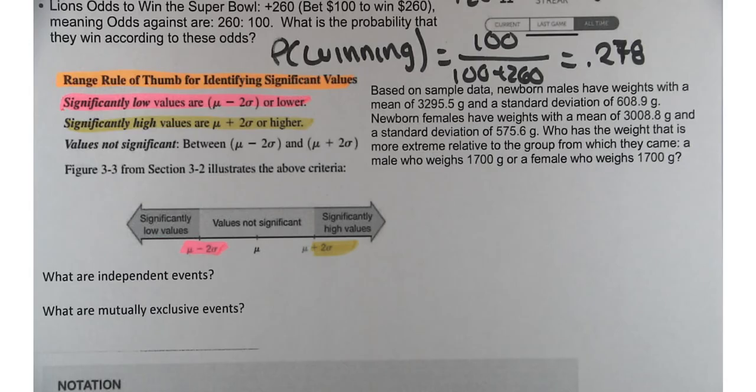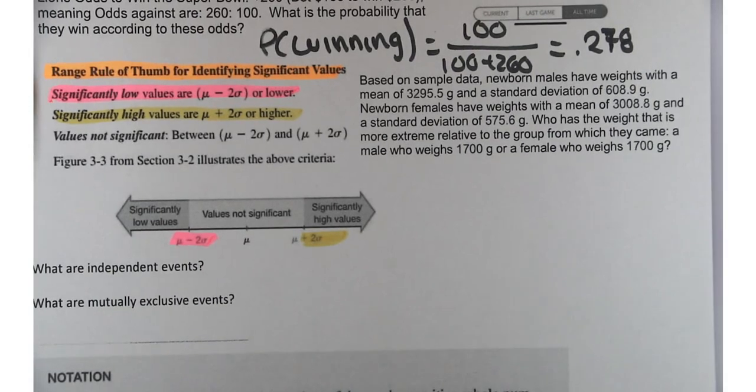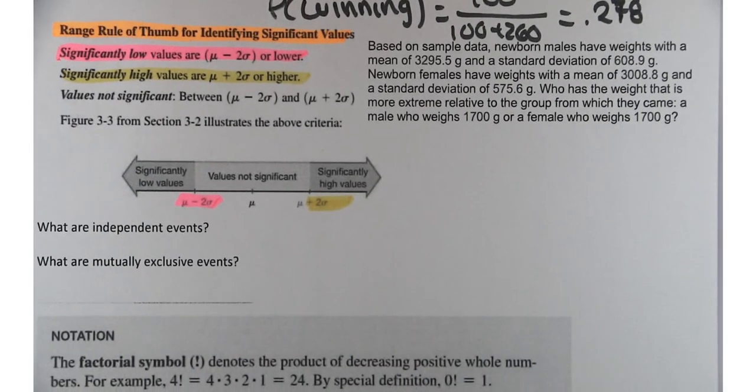Who has the weight that is more extreme relative to the group from which they came? A male who weighs 1,700 grams or a female who weighs 1,700 grams? They'd be close. But what are we going to use to decide this? What could we use to measure that?